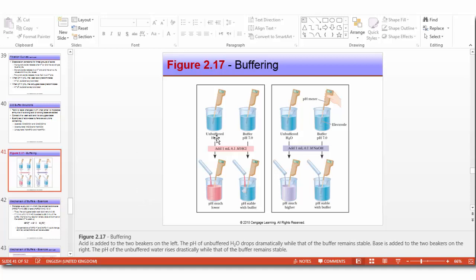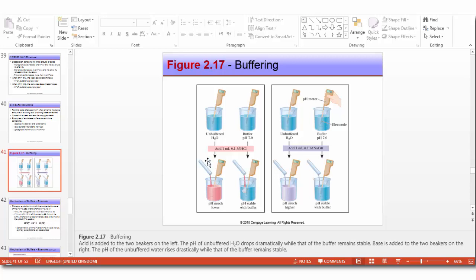Notice here we have the unbuffered water, which has a pH 7, and a buffer with pH 7. We add to both of them 1 ml of 0.1 molar HCl. Notice that the pH decreases by only 0.1 in the buffer, whereas it decreases to the value of 3 in the water.